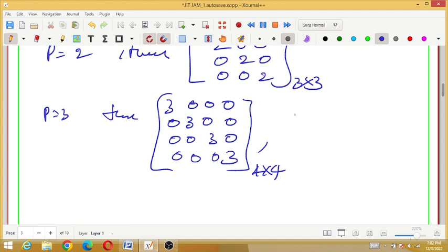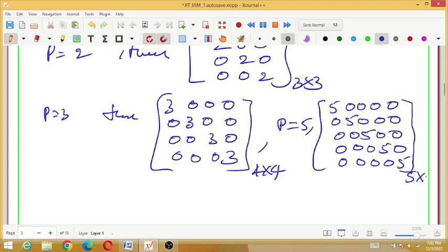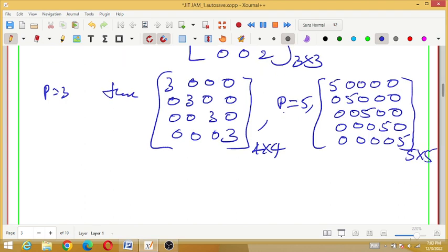Or one more, for example P is equal to 5, then 5, 0, 0, 0, 0, 0, 5, 0, 0, 0, 0, 0, 5, 0, 0, 0, 0, 0, 5, 0, 0, 0, 0, 0, 5. This is a 5 by 5 scalar matrix, like this.